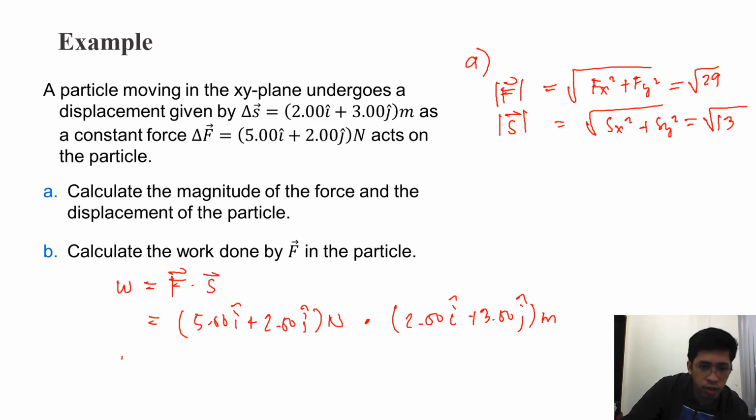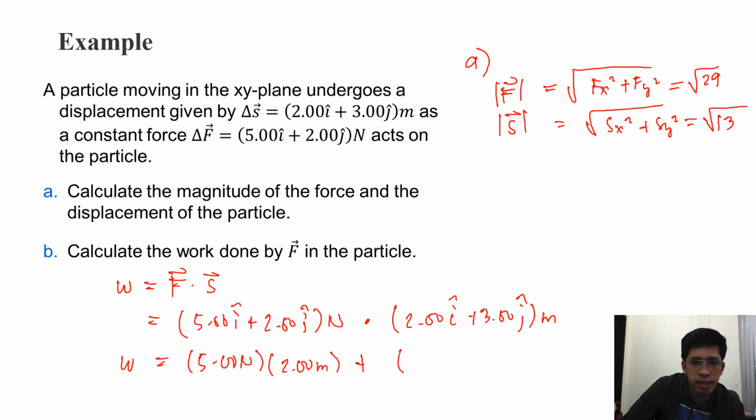So you already know your dot product. You just multiply the same components and then you add. So you have 5 newtons times 2 meters plus 2 newtons times 3 meters. So your work done for this case is equal to 16 joules. Okay, it's 16 joules.